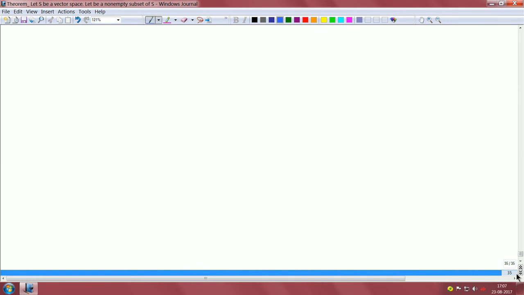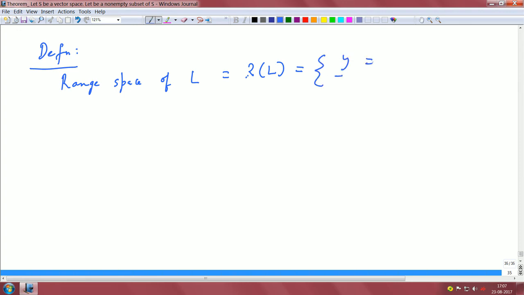And there are a few other definitions. There is something called the range space of L, given by R of L, which is the set of all y, which is L times x for every x belonging to this space X. This is the range space.